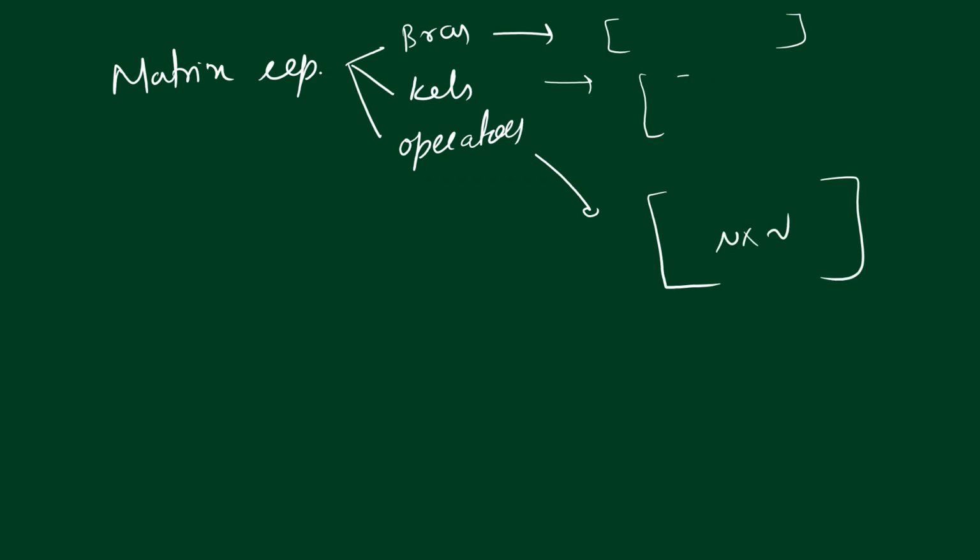So instead of working with these abstract quantities, bras, kets, and operators, we can equally well work with these representations. The representation can change based on the basis that we choose. We choose a particular basis and then represent bras, kets, and operators in that basis. If we change the basis, the elements of these matrices also will change.